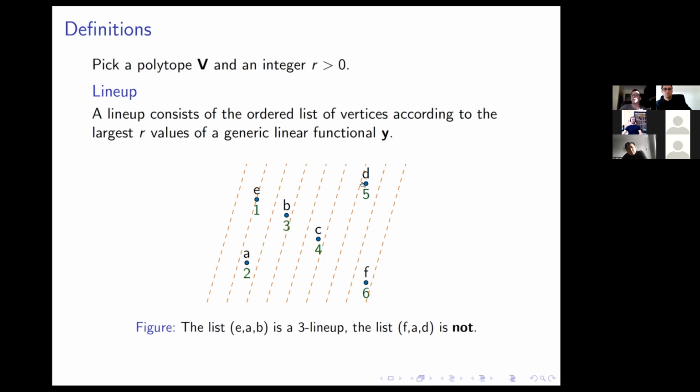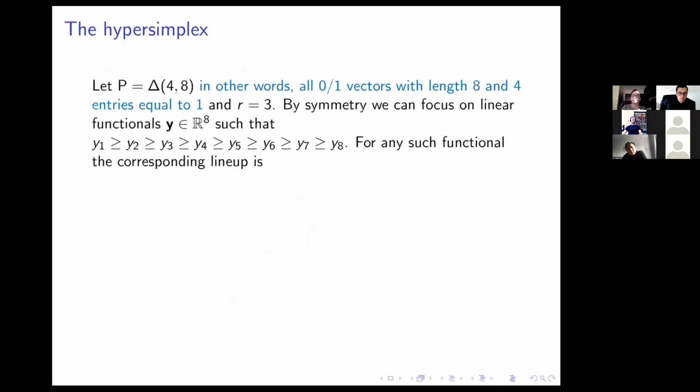There is no way that happens because C will have to be there somehow. You cannot have F, A, and D be the largest ones, implying that C is not in the top 3, but you cannot cover F, A, D without already passing through C. So this is not possible. There is no linear functional that has F as the largest one, A as the second largest one, D as the third largest one.